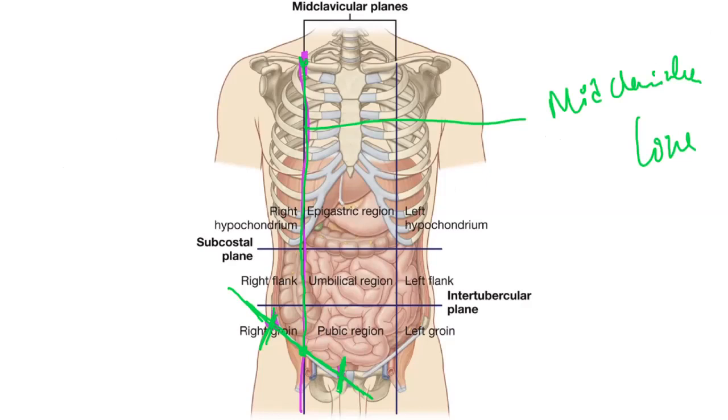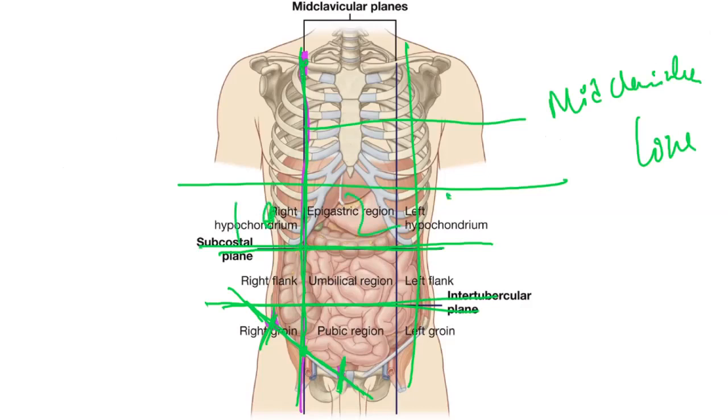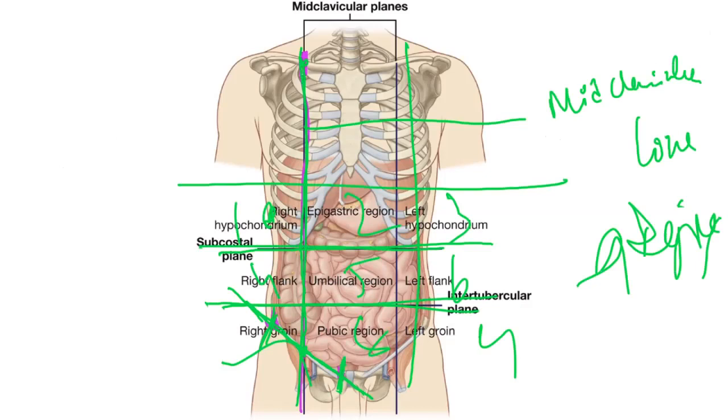So with the subcostal plane, mid-clavicular planes, intertubercular plane, and transpyloric plane, the abdomen is divided into 1, 2, 3, 4, 5, 6, 7, 8, 9. So 9 regions. That is why it is very important to know the planes.